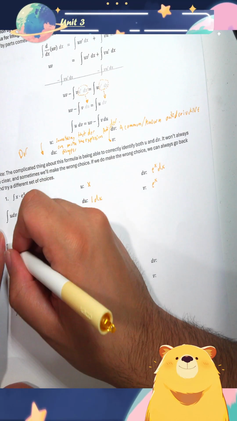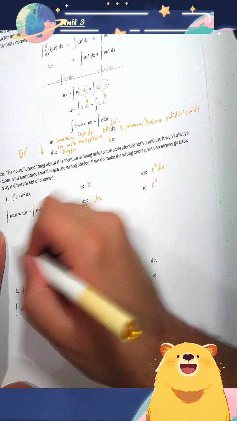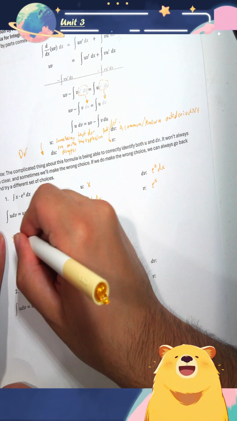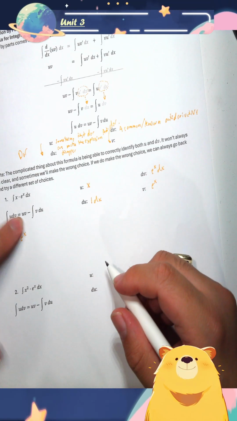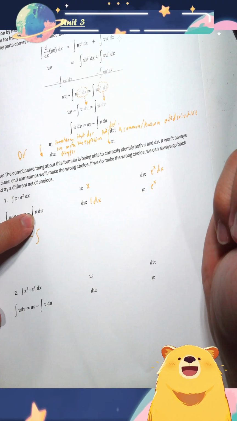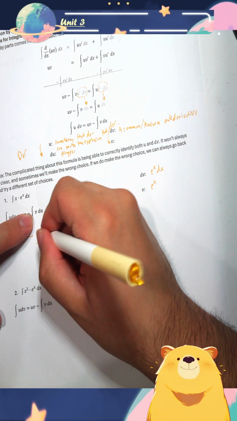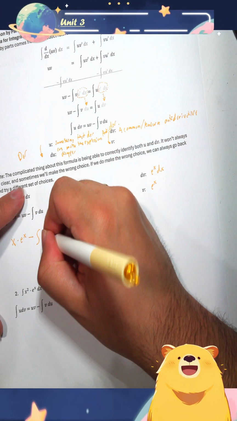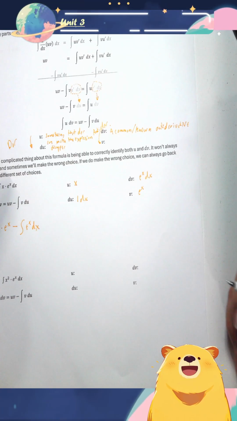So if I labeled this correctly, u times v comes out first, so x times e to the x, and then minus the integral of v, which is just e to the x, and then du, which is 1 dx, which I'm just going to go ahead and skip the 1 and do dx.